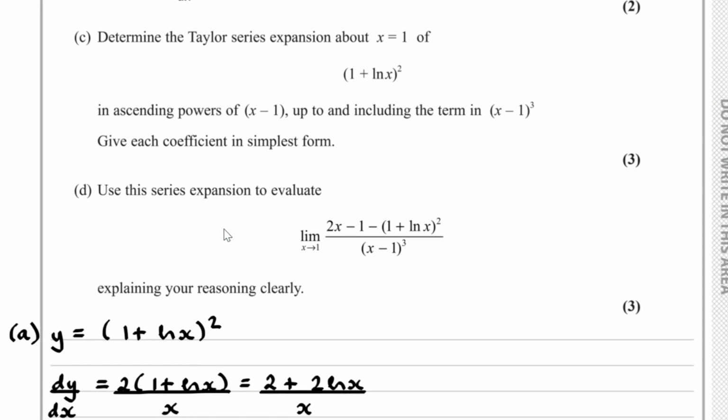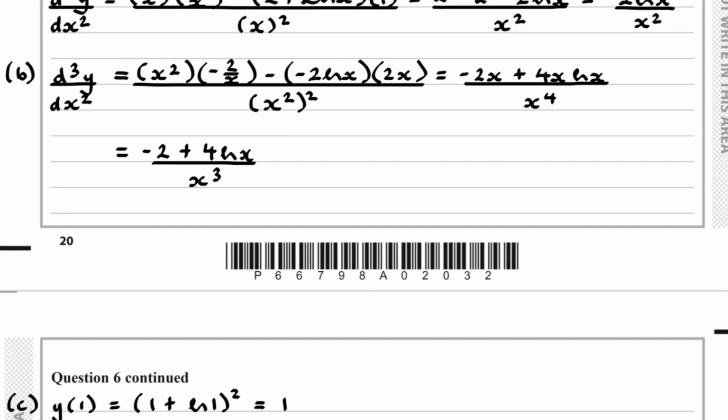Now for part D, we have to use this series to evaluate the limit as x tends towards 1 of 2x minus 1 minus 1 plus natural log x all squared over x minus 1 cubed, explaining your reasoning clearly.